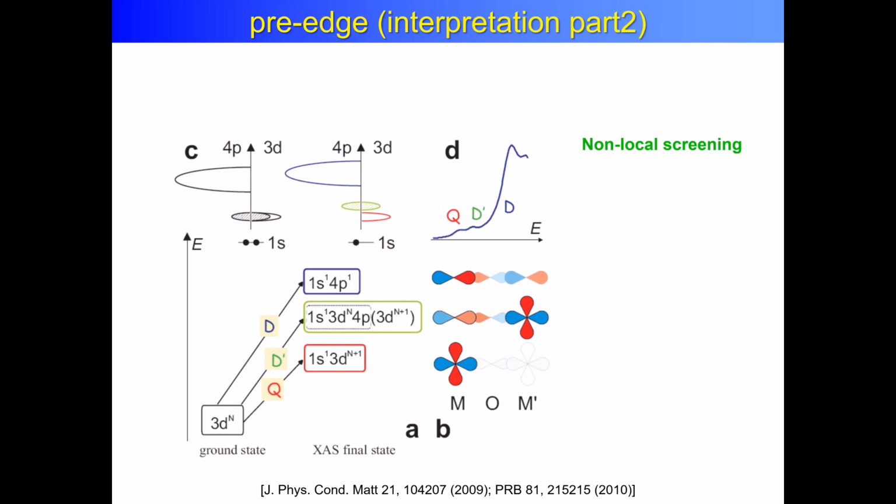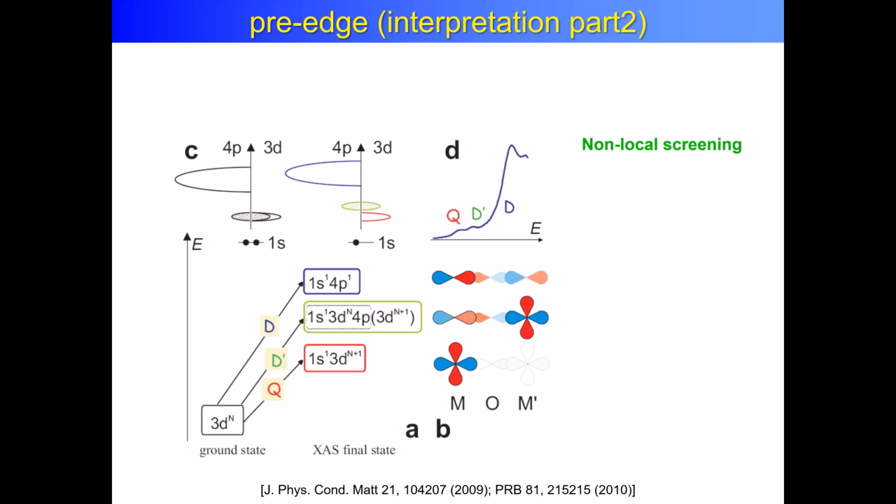So you can excite to the pre-edge, then you excite 1s to 3D, and that's a local excitation on the metal, and that gives you a quadrupole peak. That's indicated in red Q, and the quadrupole peak is an exciton, so it's pulled down from the D band, so that's why it's shifted to lower energy.